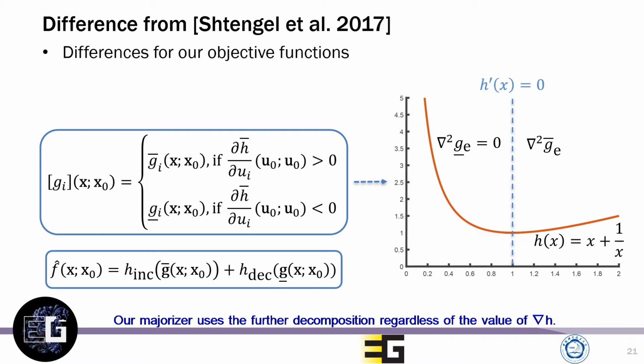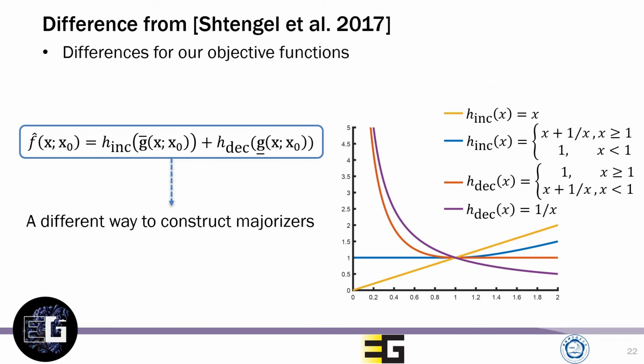Our majorizer uses the further decomposition regardless of the value of gradient h. Actually, our method can have the same majorizer as Stango et al.'s by choosing some special decompositions. But by choosing different decompositions, our method provides a different way to construct majorizers.